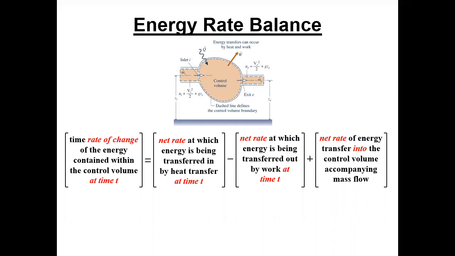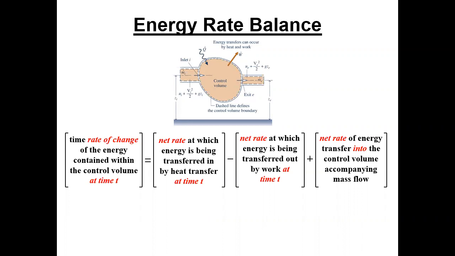Then as the terms on the right, the first term is the net rate at which energy is being transferred in by heat at time T, minus the net rate at which energy is being transferred out by work at time T, plus the net rate of energy transfer into the control volume accompanying mass flow.